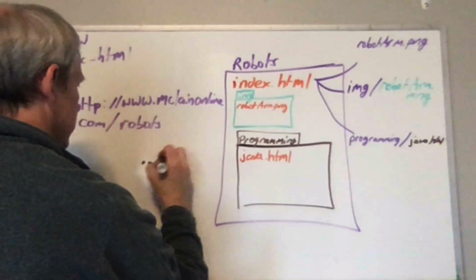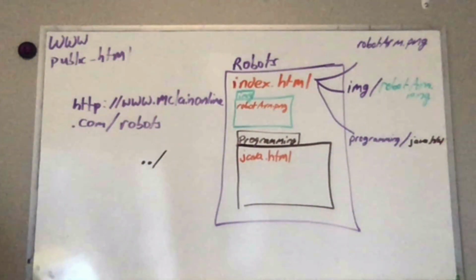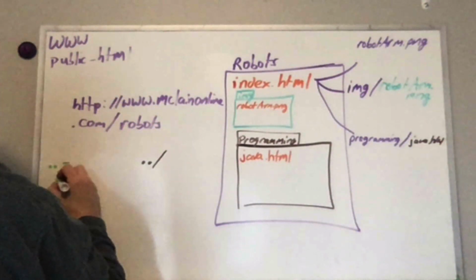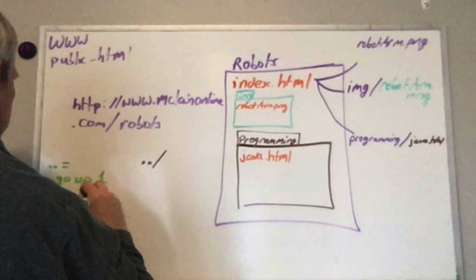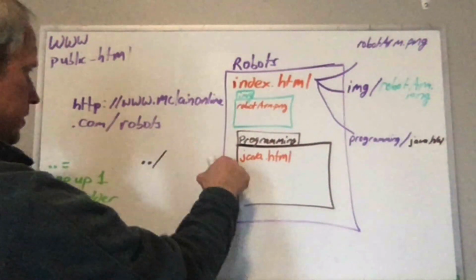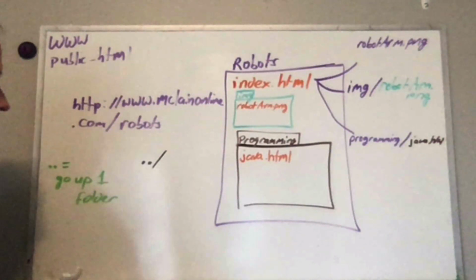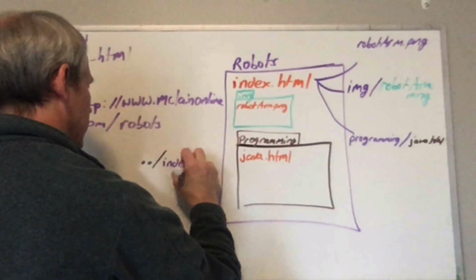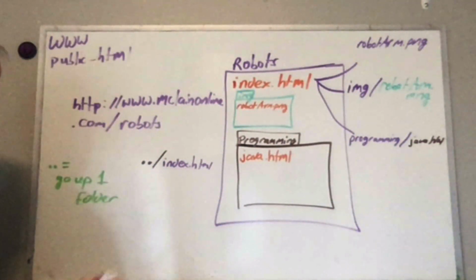But I can say dot slash, and dot dot goes up one folder. So dot dot slash brings me up to purple into the robots folder, and then I can say index.html. Okay.